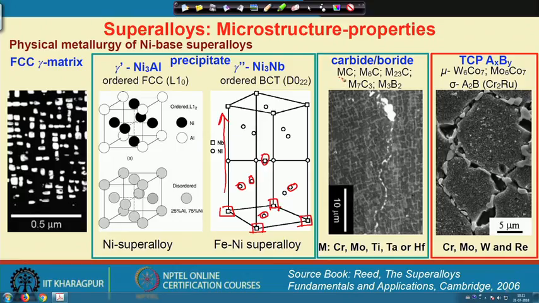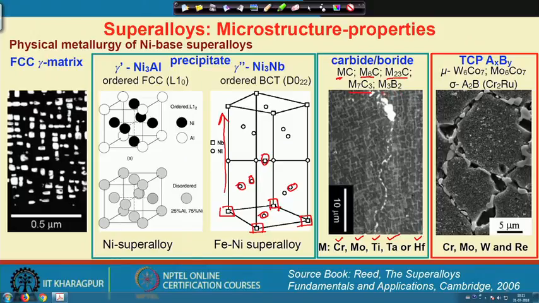Here MC stands for metal carbide, and this represents the stoichiometry of compounds like M6C, M23C6 and M7C3, where M stands for chromium, molybdenum, titanium, tantalum or hafnium. So, these are the possibilities.